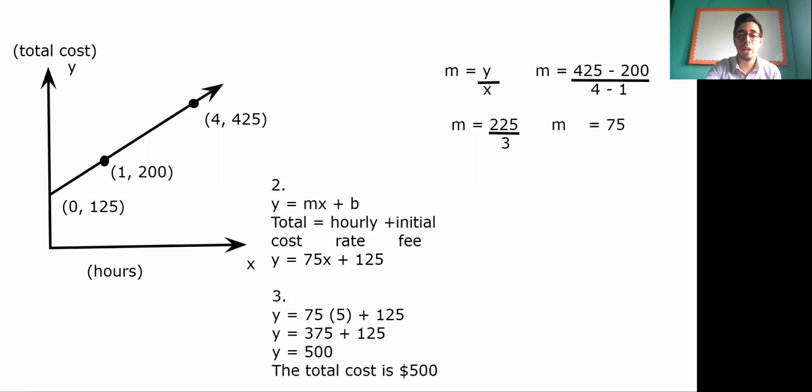So we obtain the answer that yes, she is going to be able to afford this DJ for 5 hours because it's going to cost exactly the $500 she has at the beginning. So I'm going to finish here, sharing the board.